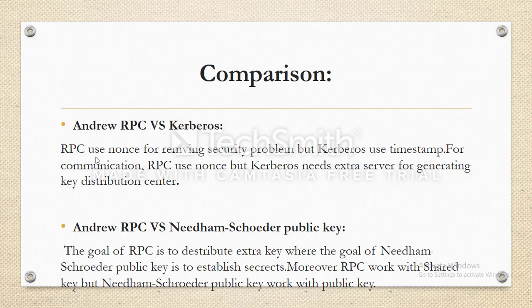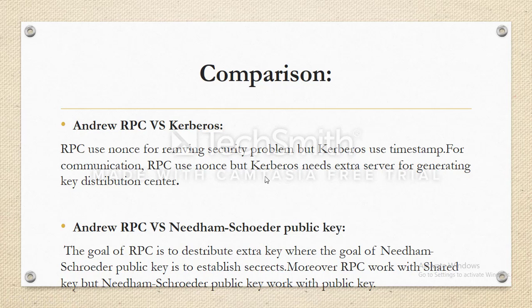RPC uses a nonce for removing the security problem, but Kerberos uses a timestamp. And for communication, RPC uses a nonce, but Kerberos needs an extra server, the key distribution center, for generating keys.